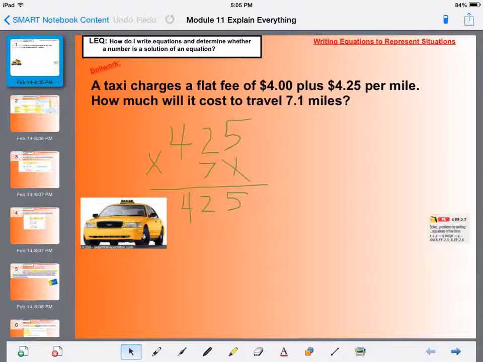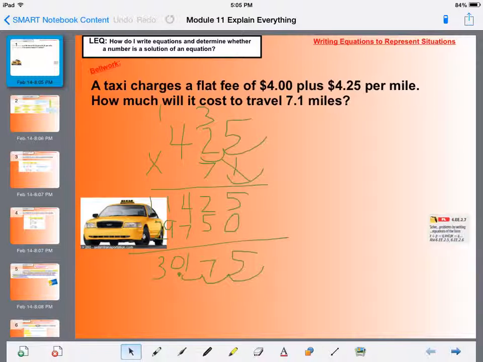I'm done with that ones place. 7 times 5 is 35, 7 times 2 is 14, 15, 16, 17, plus 1, that's 28, 29. And so it looks like we have the digits 30175. We're going to move the decimal point over 1, 2, 3 times over.